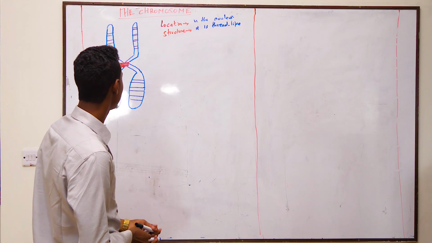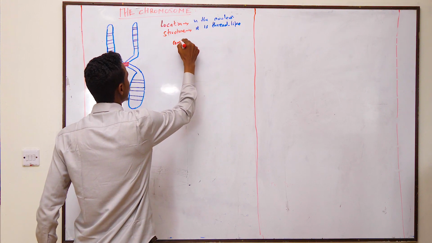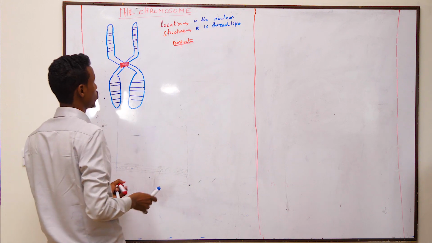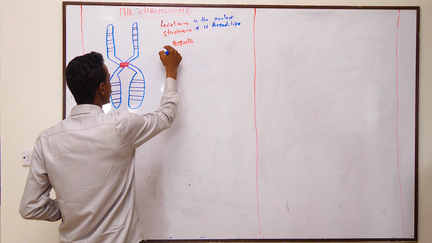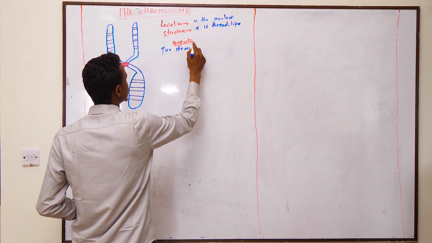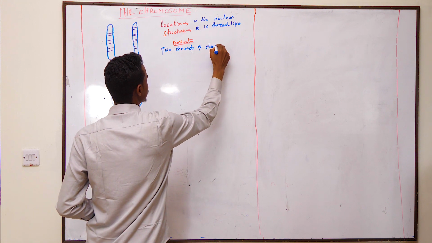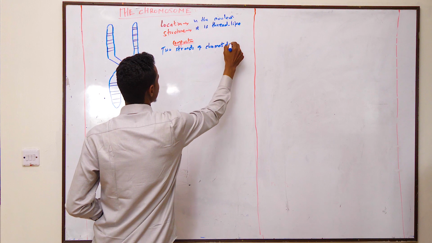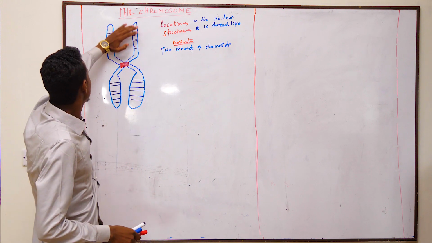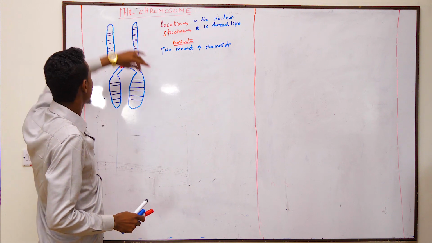The chromosome is made up of 2 strands of chromatids.